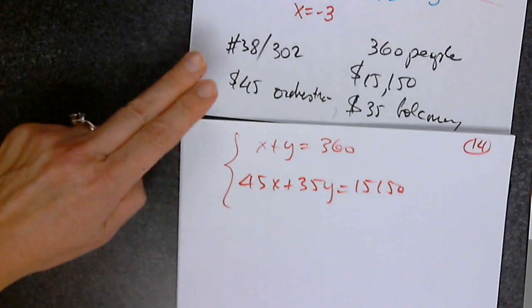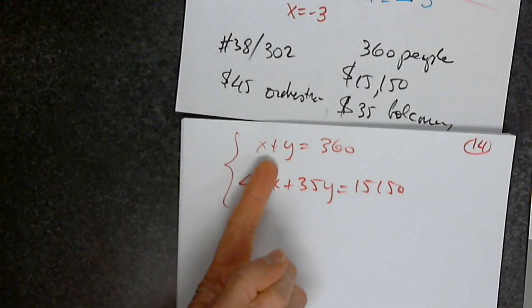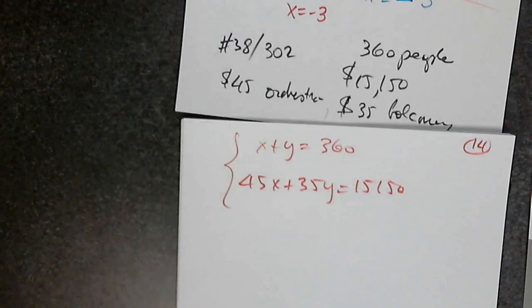Let's solve the system. You have 2 options. You either solve for x or y and plug it in, or you decide to eliminate one of the variables and then you multiply the first equation by an appropriate number. It's up to you.